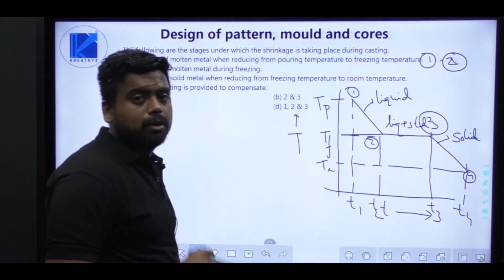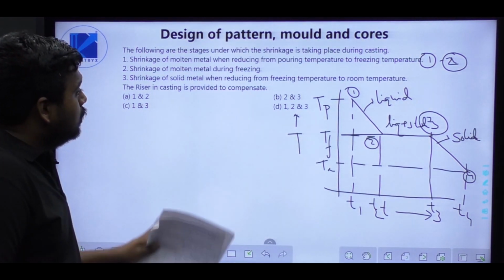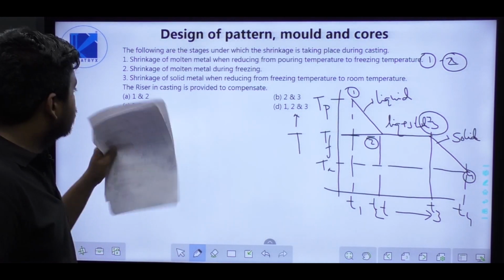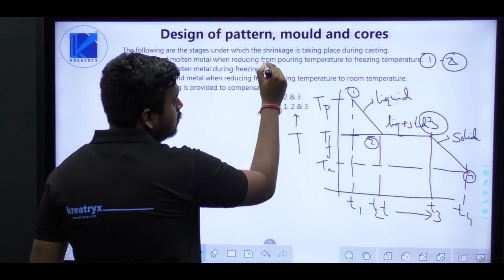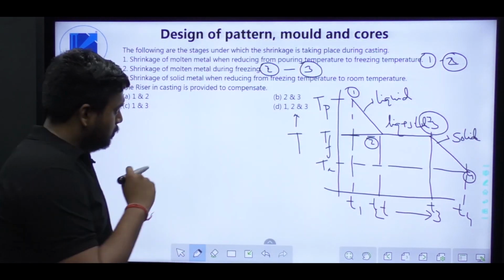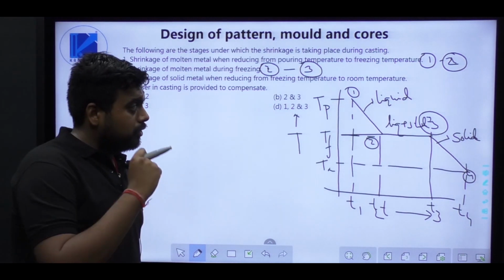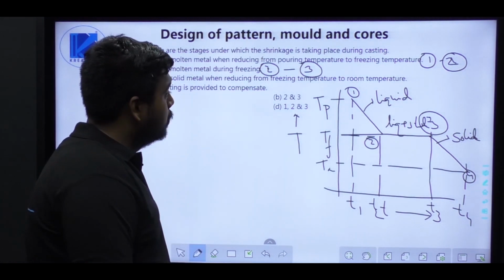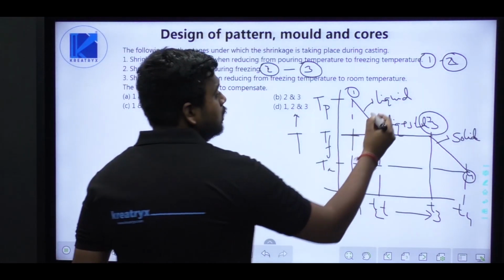Second, shrinkage of molten metal during freezing. In this they are talking about stage 2 to 3. Third, shrinkage of solid metal when reducing from freezing temperature to room temperature. So here they are talking about stage 3 to 4.